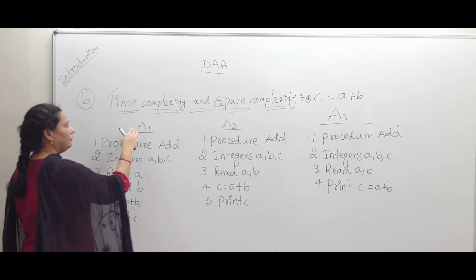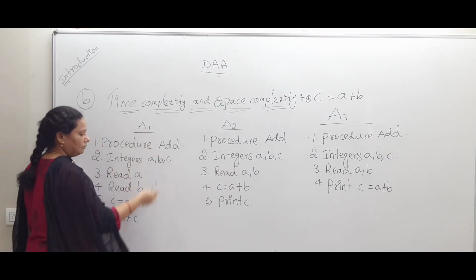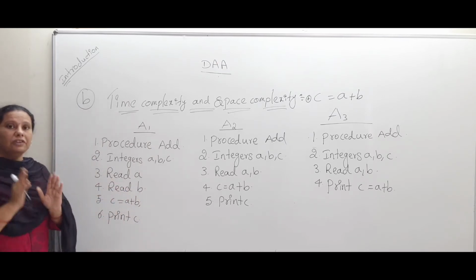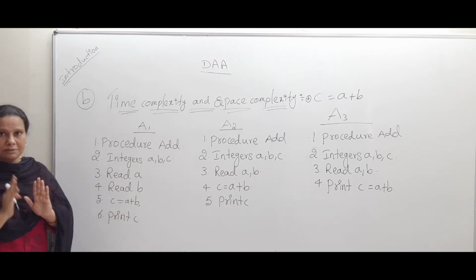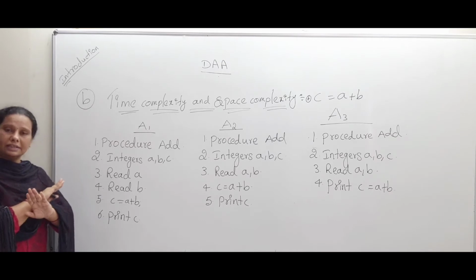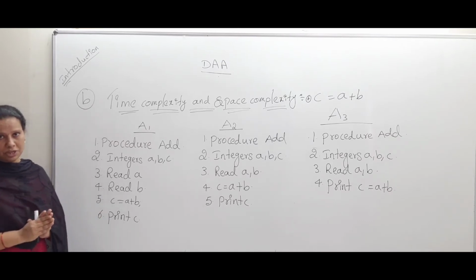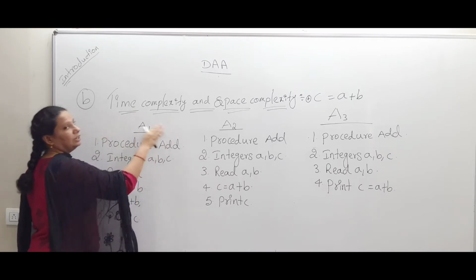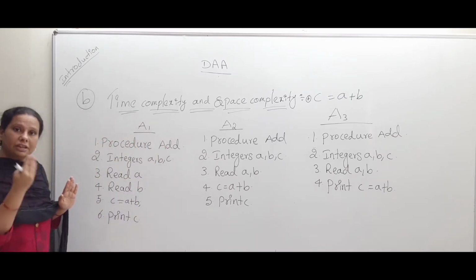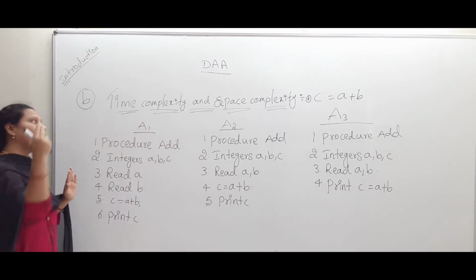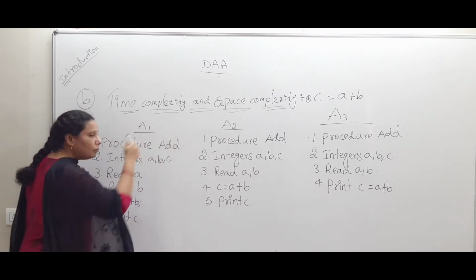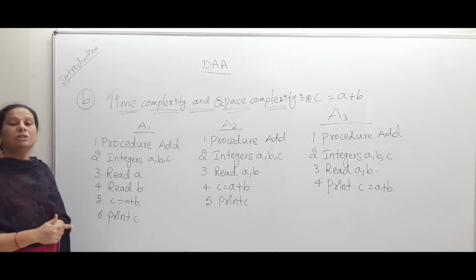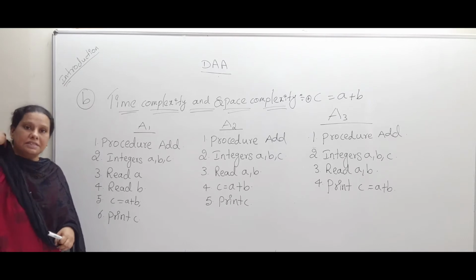So if we are going for the algorithm A1, now we are roughly estimating, we don't know the exact time of execution, because till now we have not converted A1 into P1. We are assuming if we convert A1 to program P1, how much time it may take.